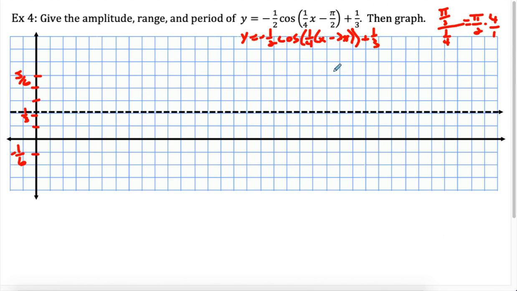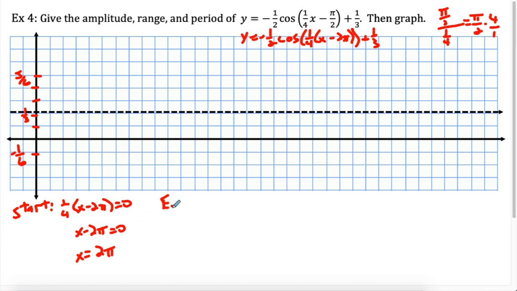So now we can think about setting this inside equal to 0 and 2 pi to get my starting and ending values on the x-axis. If I've got 1/4 times x minus 2 pi equals 0, multiply both sides by 4 and add 2 pi, we'll get that we are starting at 2 pi.